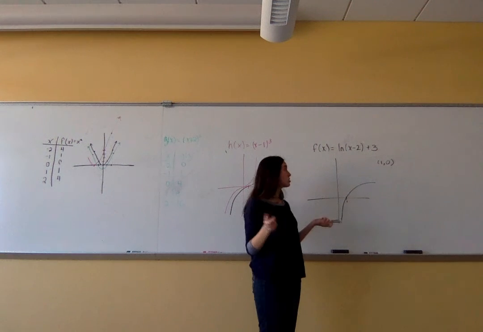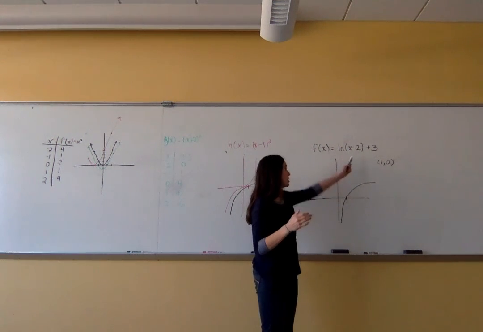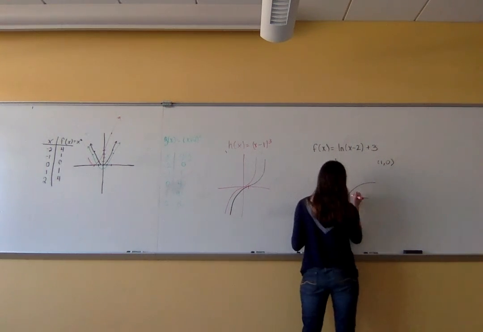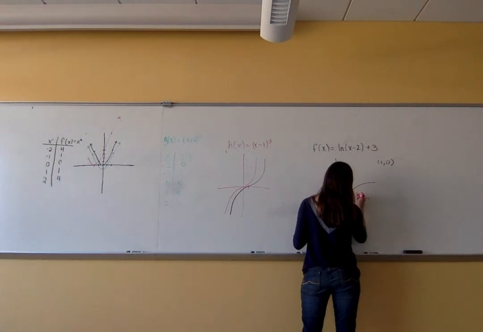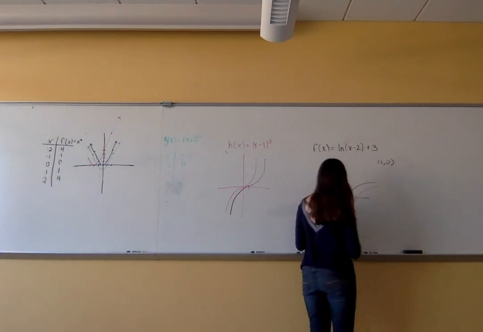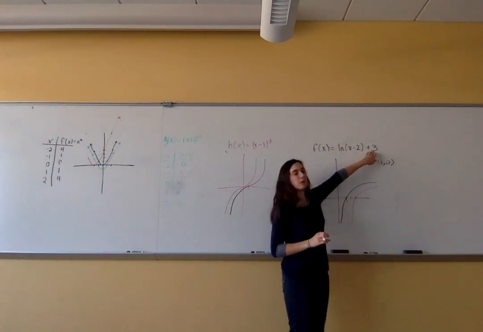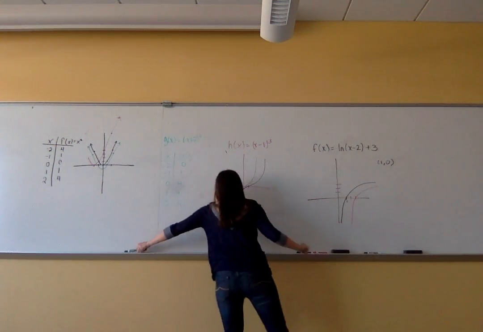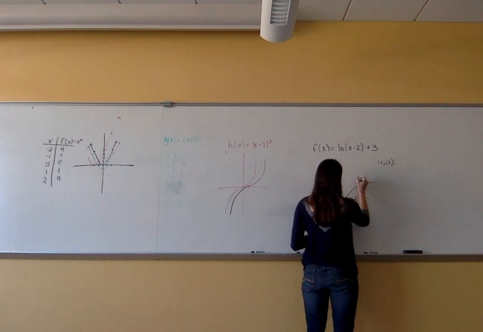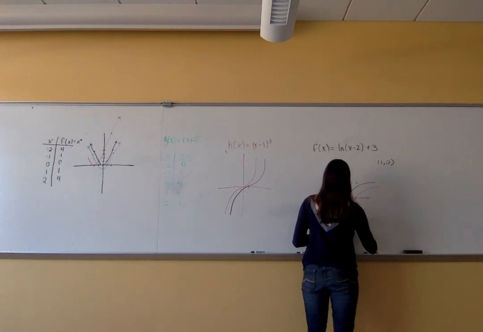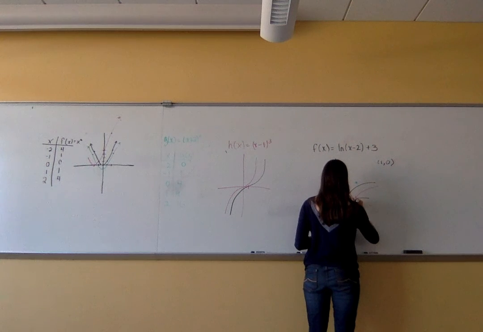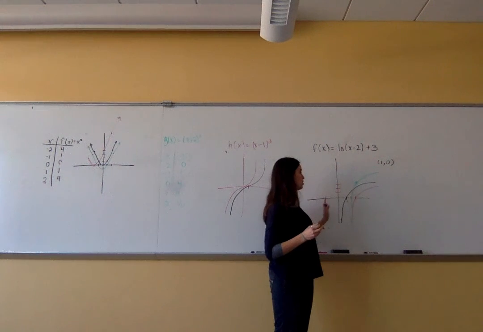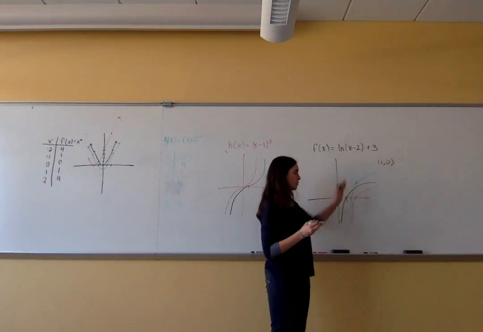First, let's move to the right, because we have a minus 2, so we move to the right 2 units. We can first draw that. Now our point goes through here, and we have the same graph, just moved to the right 2 units, and then we need to move up by 3 units. So we can draw these 3 units, and our final graph will start here, and it'll just be like that. So it's the same graph, just shifted over 2 to the right, and then up 3.